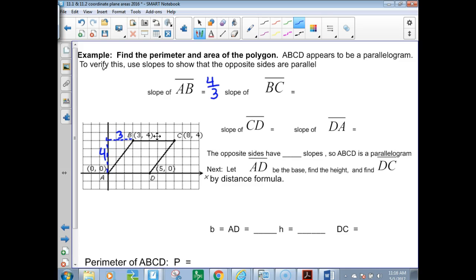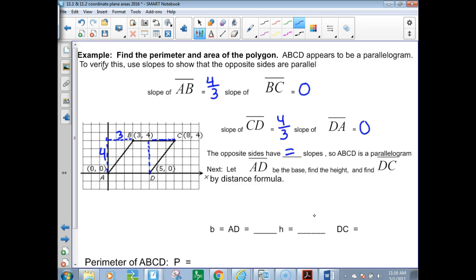BC has a slope of 0 because it's a horizontal line. Now I'm going to go D to C so I can count again. Up 1, 2, 3, 4, right 3, 4/3, and slope of DA is 0. Opposite sides have equal slopes, so ABCD is a parallelogram.